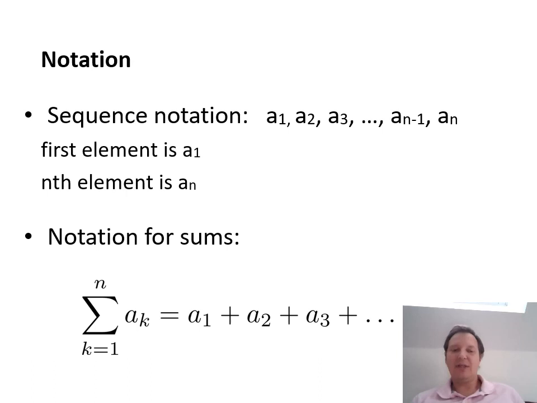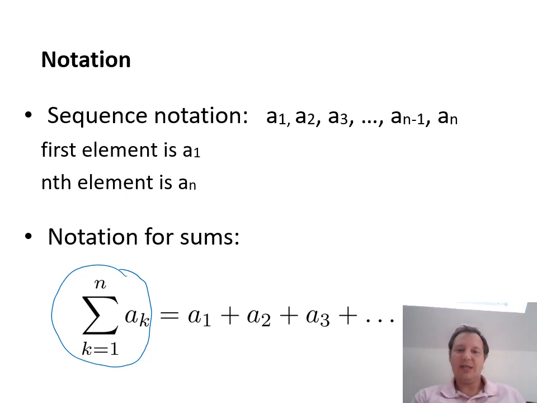We also have this special notation for sums that we will use a lot in this course, using the Greek letter sigma. This formula here denotes the sum that goes from A1 all the way to An. That's just shorthand for this long sum on the right. We'll see that a lot in the upcoming lectures.